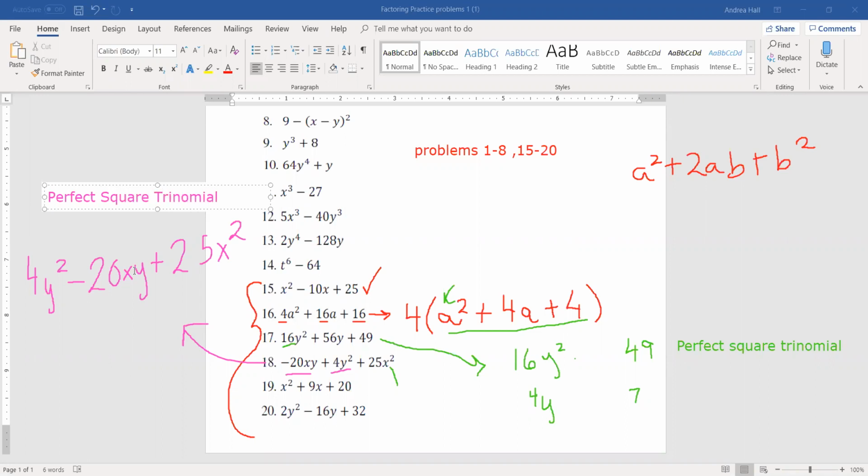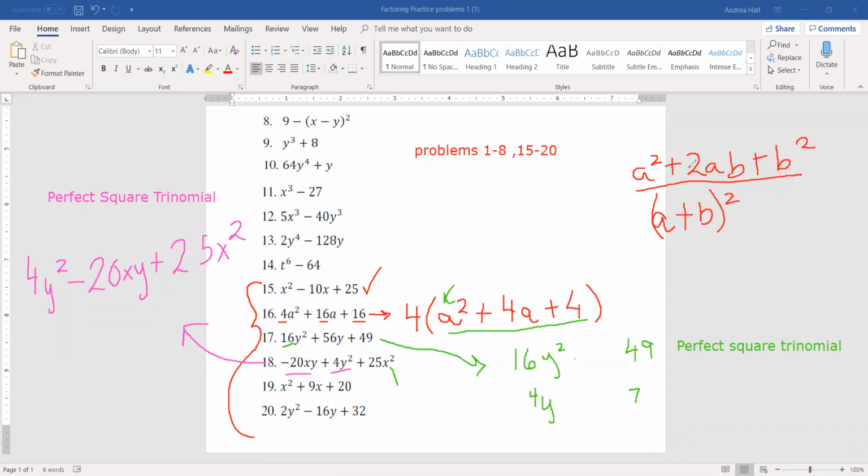And just to come back up here, I realized I didn't say what this is equal to. If you have a perfect square trinomial in that format, then when you're factoring it, it would be a plus b, squared. The end, right?